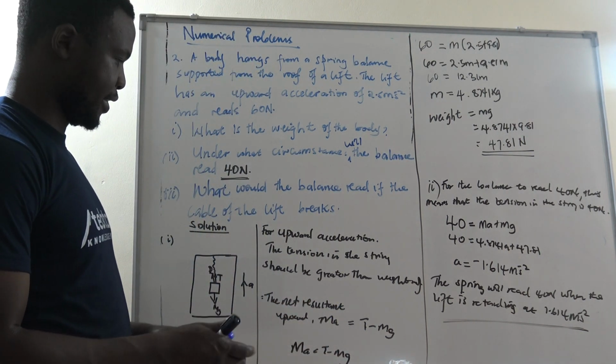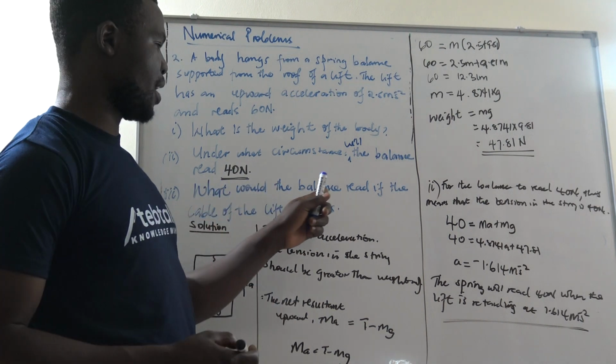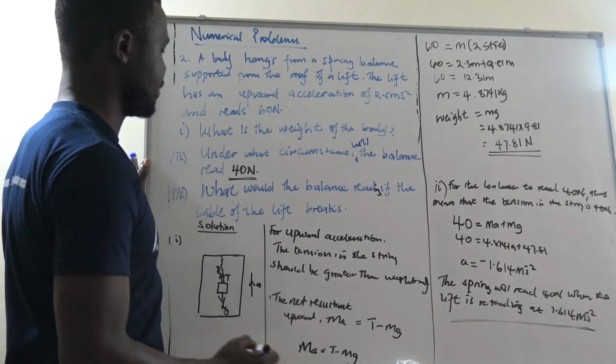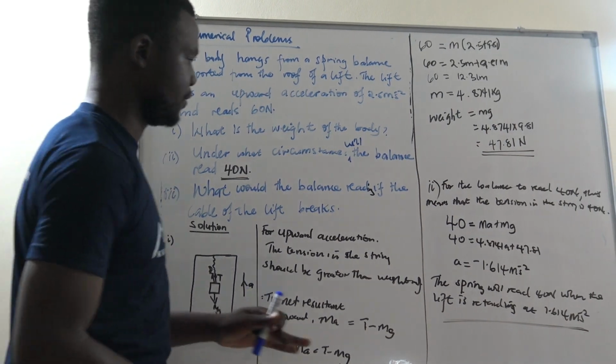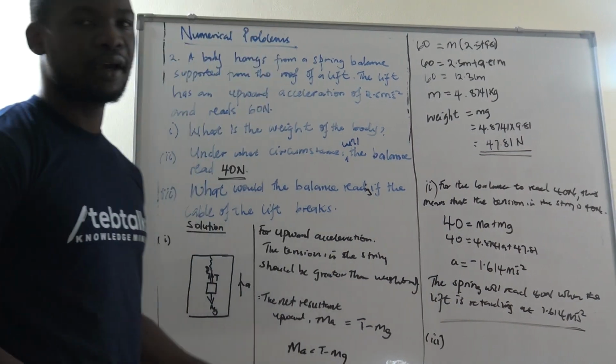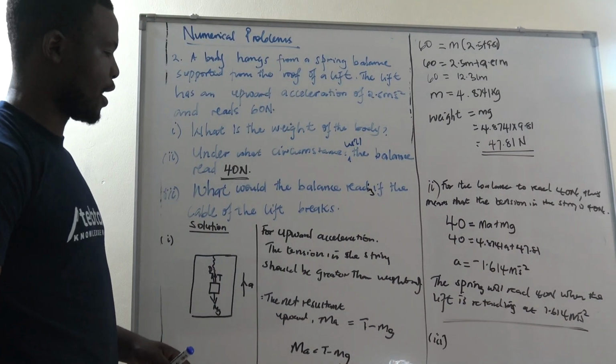Then another thing they asked: what would be the ballast reading if the cable of the lift breaks? Now, members, when the cable of the lift breaks, what happens?